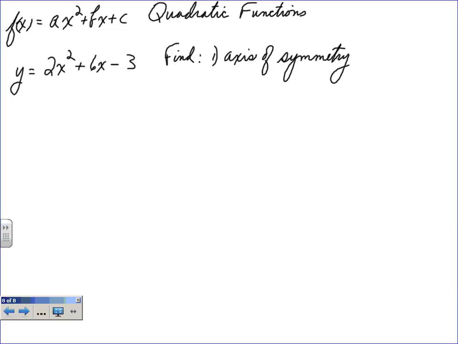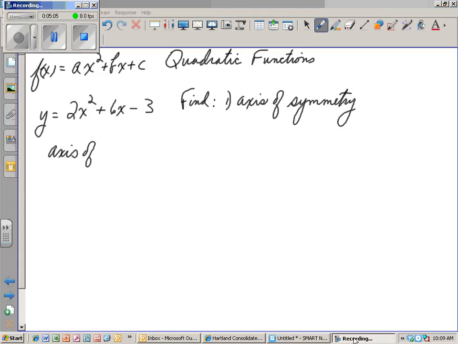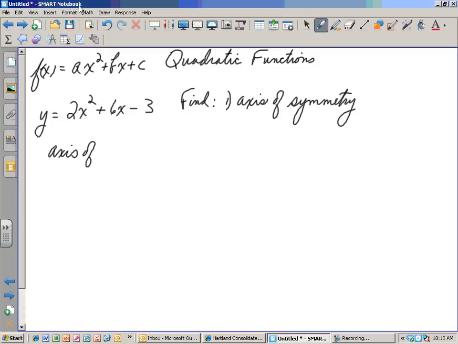Okay? So let's find the axis of symmetry. And the way we find the axis of symmetry, in order to find the axis of symmetry, we know this is a parabola.